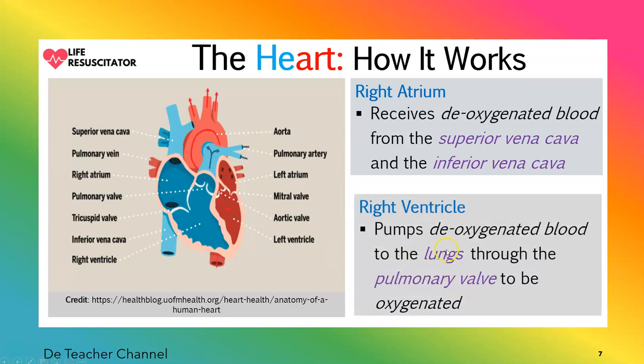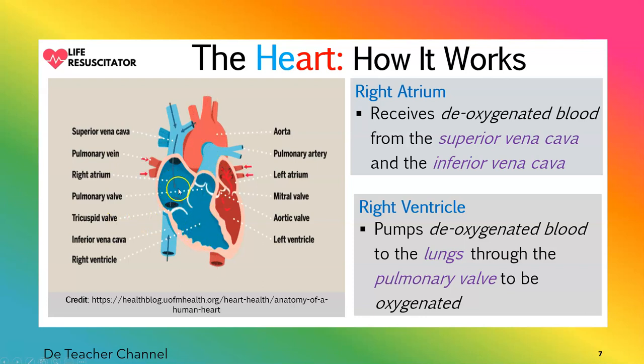Right ventricle, so what's the work of this? The blood from the right atrium flows to the right ventricle through the valve called the tricuspid valve. Then this blood moves to the lungs.